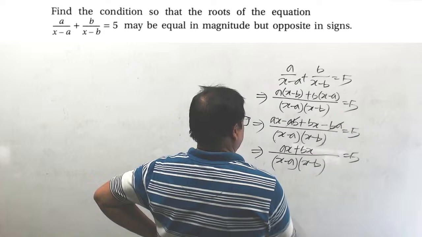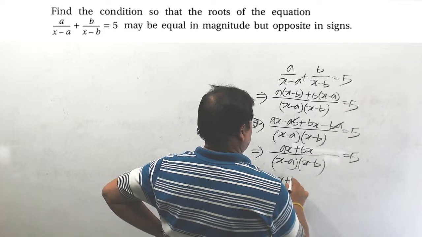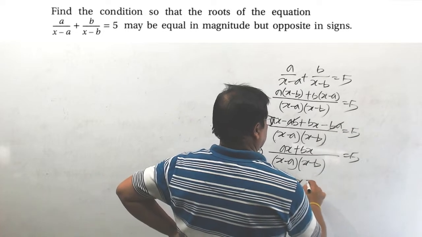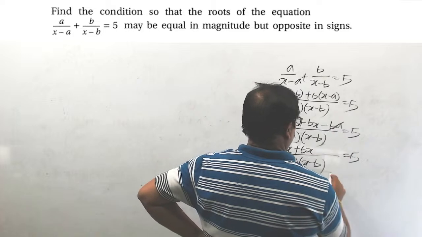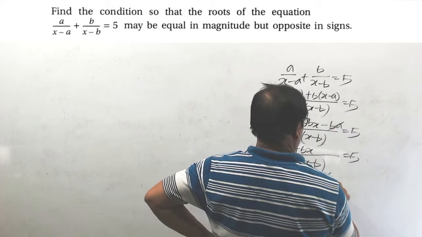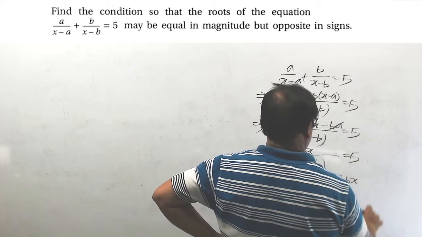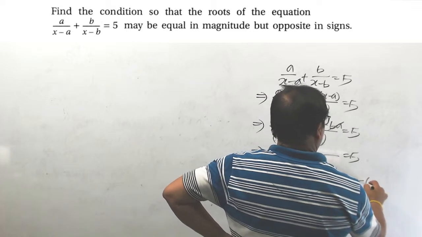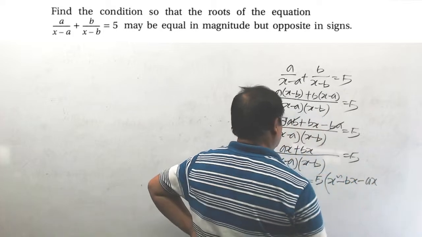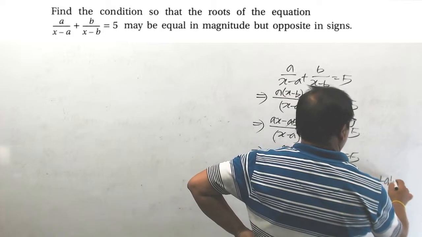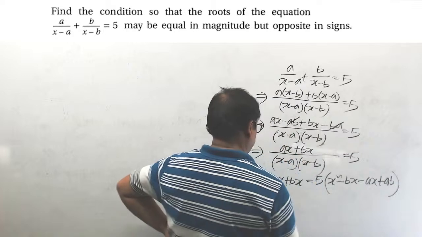Now this implies what? ax plus bx equal to 5 into, multiply this one, x square minus bx minus ax plus ab. Understood?